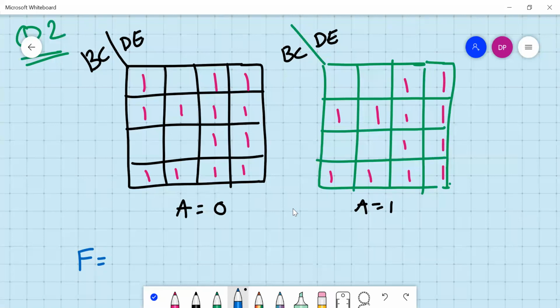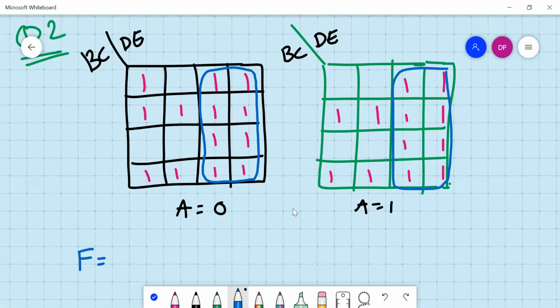So we can make this as a group, and this is a group. What is common in these two? It's a group of 16, 8 and 8.